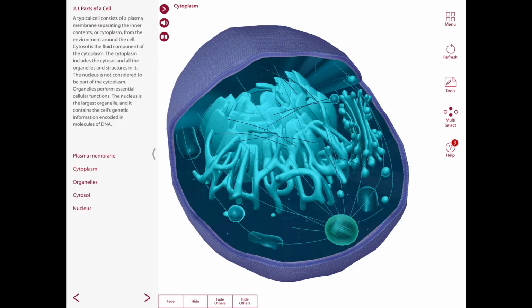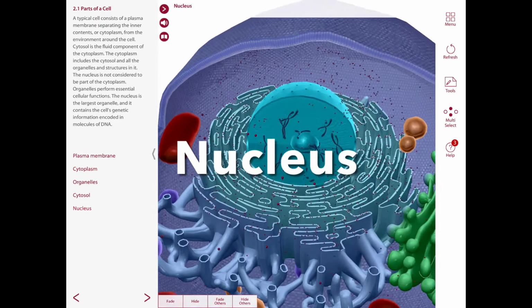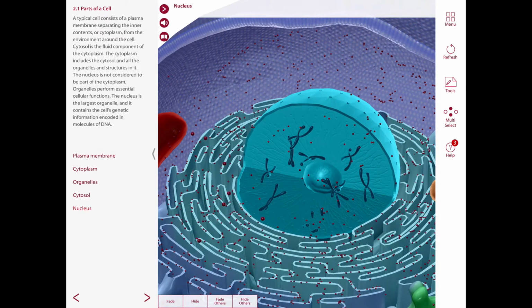So essentially it's everything except for the DNA, and the DNA is located inside of the nucleus in the form of structures that we call chromosomes. Sometimes they are uncoiled and sometimes they are coiled into the full form of chromosomes.